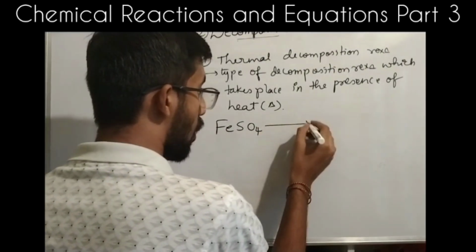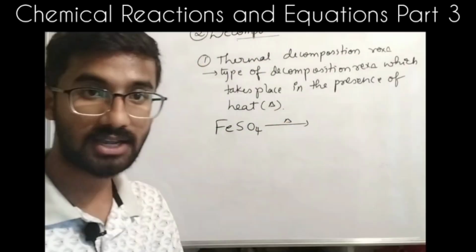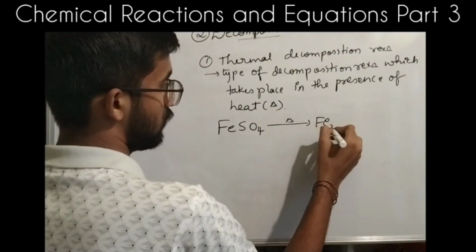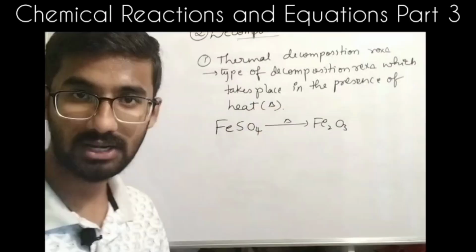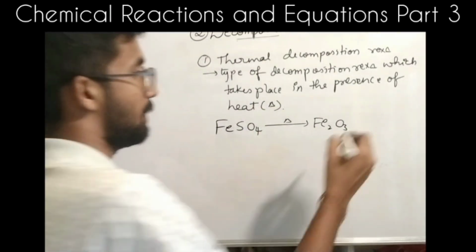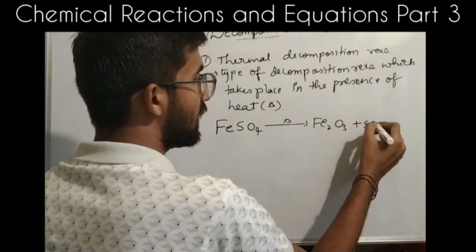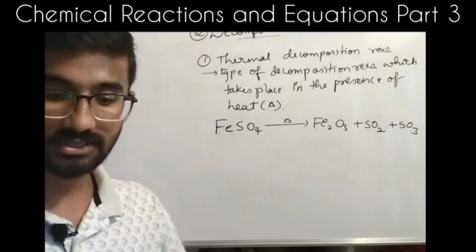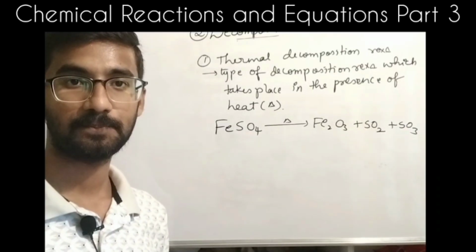On heating ferrous sulfate we get ferric oxide, Fe2O3, plus harmful gases like sulfur dioxide and sulfur trioxide liberated out.